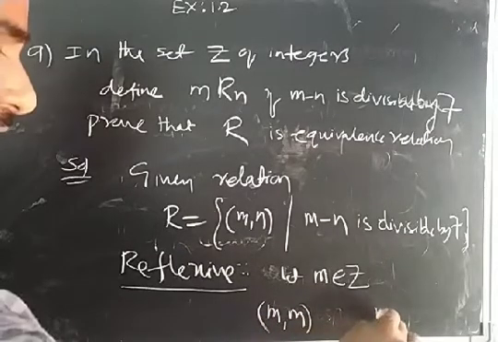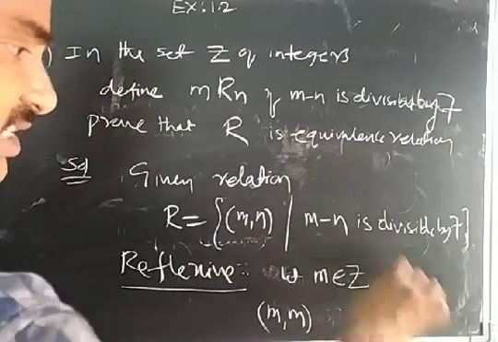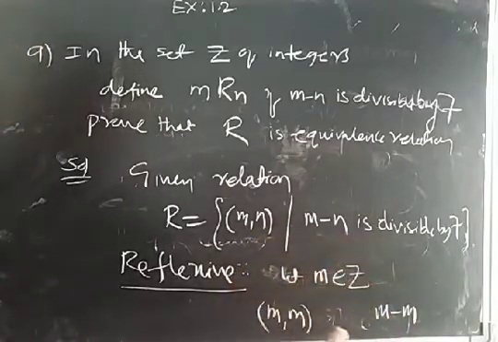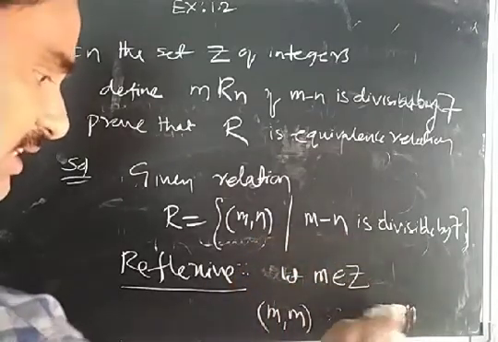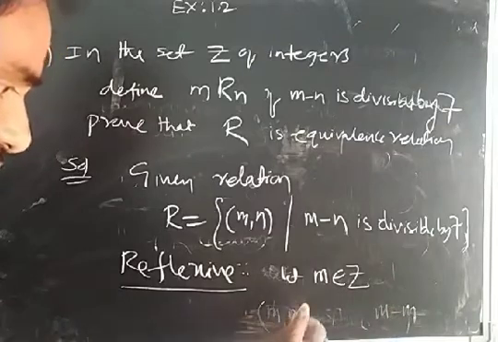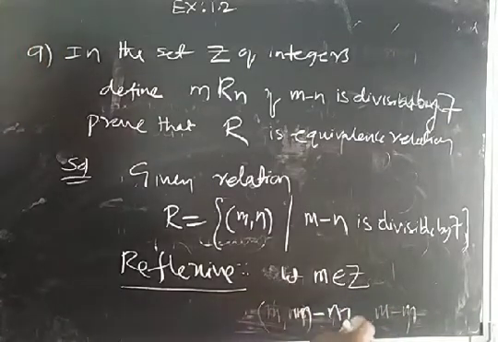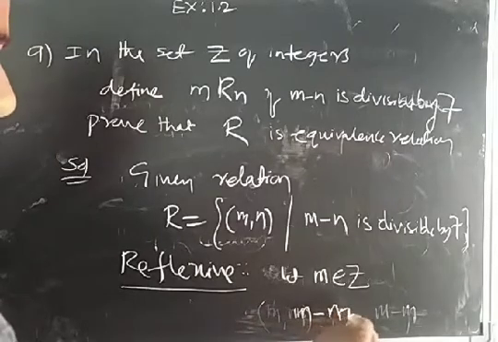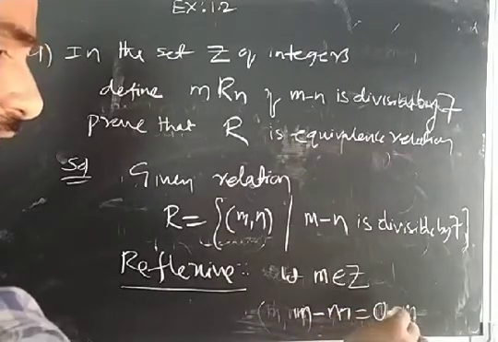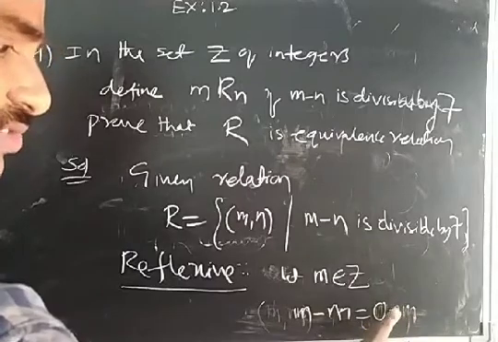Before that you should check the condition m minus m, in place of n also we are having m. So I am going to check this condition first of all. First you check the condition, then if it is satisfying the condition, then you can write the ordered pair belongs to R. m minus m is 0. 0 we can write, 0 is divisible by 7.